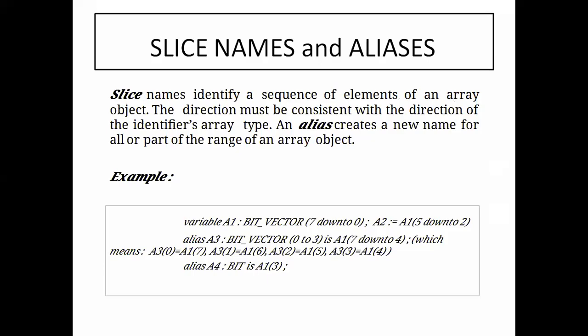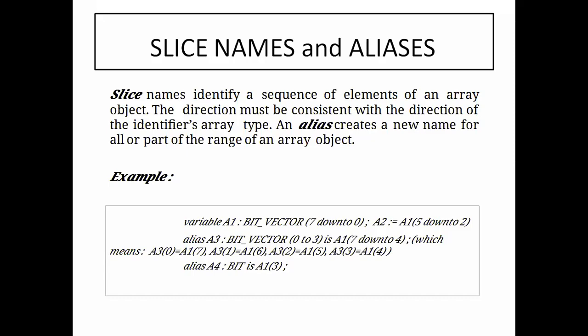Now what is a slice? A slice name identifies a sequence of elements of an array object. A direction must be consistent with the direction of the identifier's array type, and a slice creates a new name for all or part of the range of an array object.